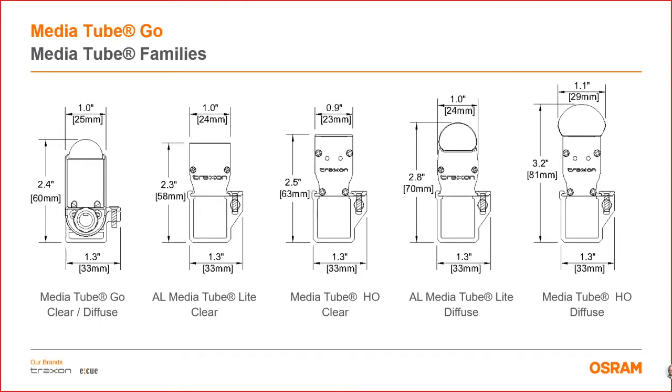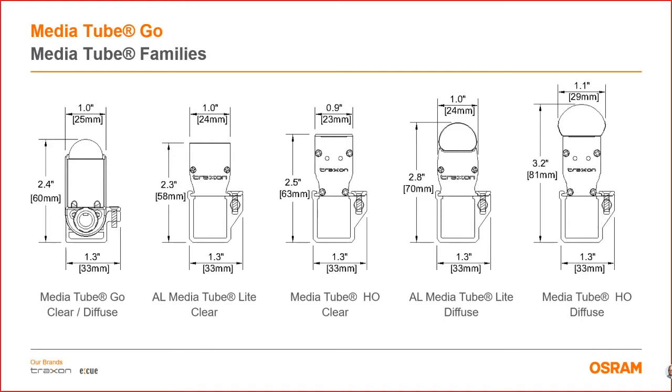So the easiest place to start is in dimensions. Looking at this in profile, you can see they're all nominally the same: nominally 1 inch wide, nominally 2.5 inches tall, with the exception of the Media2 HO diffuse, which is a little bit taller. The one key difference you're going to notice is that both clear and diffuse Go have a curved lens.